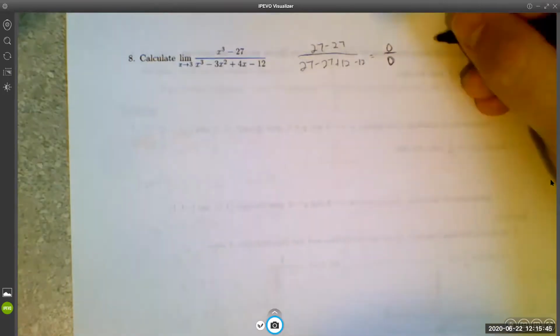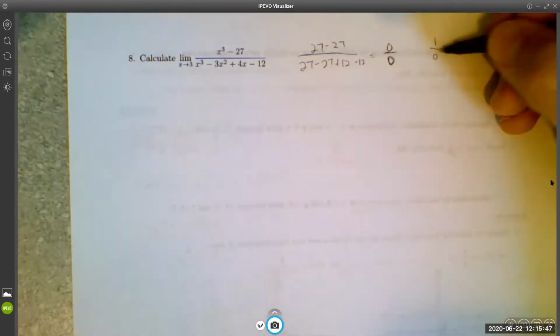Undefined. But actually, that's a good sign. Whenever you get 0 over 0, that tells you that you can simplify, you can cancel off a common factor, and so hopefully doing so will allow you to plug in 3 later on. Okay, if you got something like 1 over 0, then that would be hopeless, right?